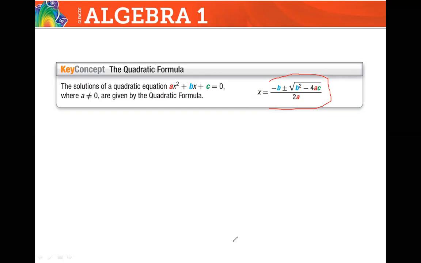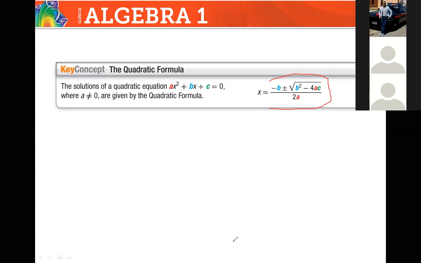Hussam, can you say the formula again, please? X equals negative b, positive or negative.